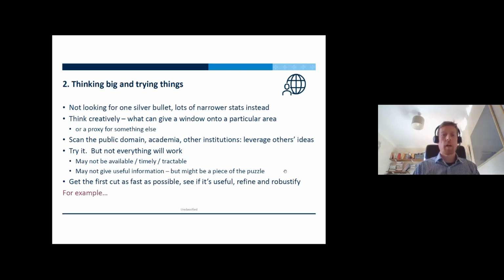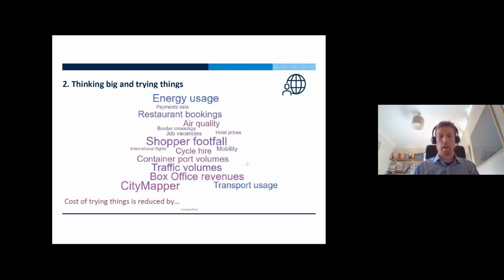If we can skip to the next slide, I've been talking a little bit in the abstract here. Here are some of the types of data that we'll be looking at. So these span consumption, so shopping, restaurants you can see in there. We've got travel and mobility, so lots of things about anything from cycling to public transport to flights.